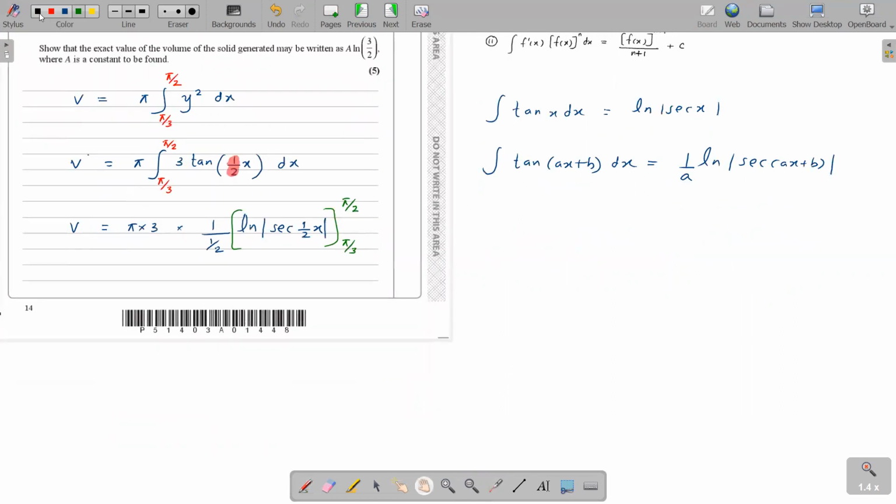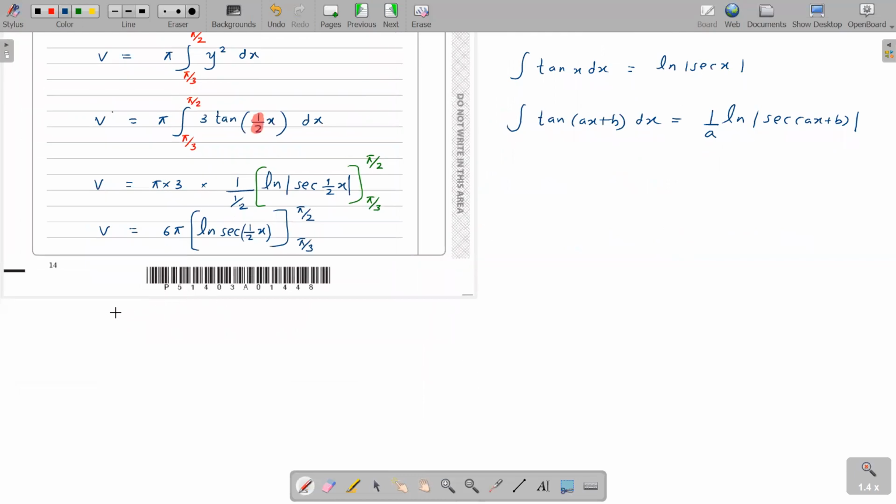And then I end up getting here volume equals 1 divided by half, which comes up as 2. So pi times 3 times 2 is 6 pi. 6 pi times ln sec half x, let's input the limits, from pi over 3 to pi over 2. Are you with me?